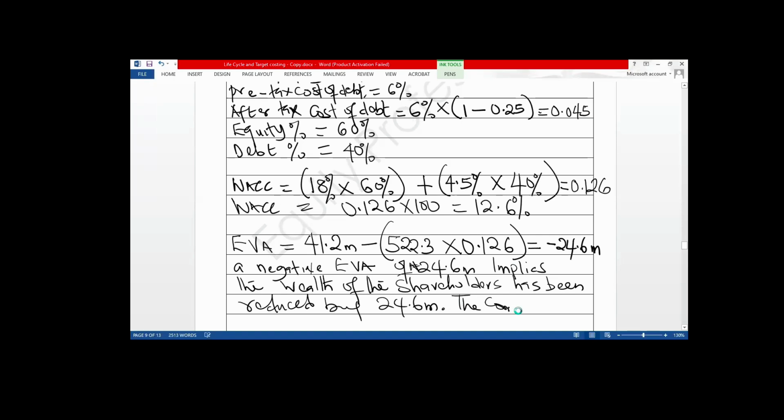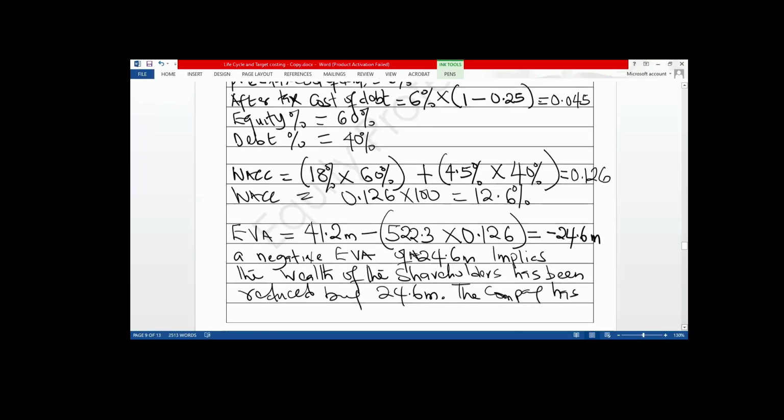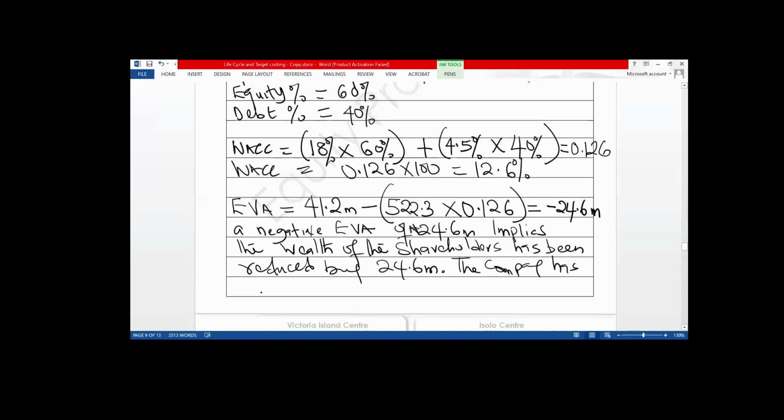The company has performed poorly in year 2020. We are done with requirement B.